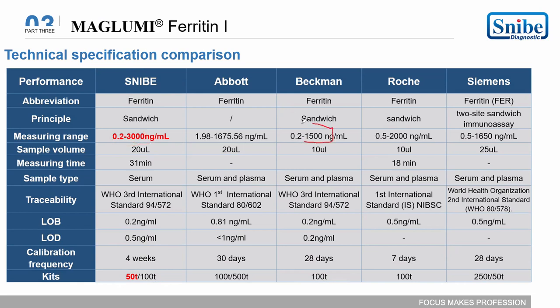If we compare with competitors like Beckman and others, they need a dilution to report one patient, like the thalassemia patient, who usually has a higher value of ferritin. So they need maybe 2 or 3 tests to perform a ferritin on Beckman, while within 1 or 2 tests we can give the results because our linearity is up to 3,000.